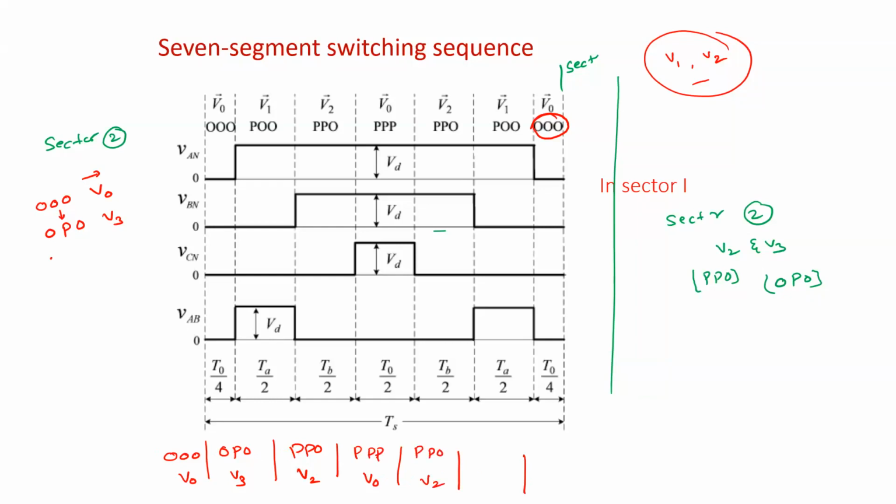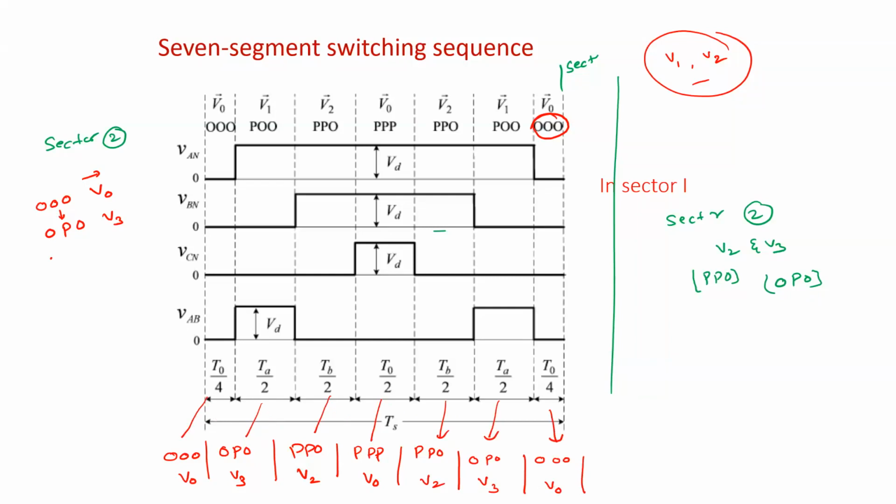And here, what will you place? V3, so this is 0P0. And the last one will be V0. It starts from V0, 0, 0, 0. So this is T0 period of time. This is T0 by 2, and this is T0 by 2. Understood?